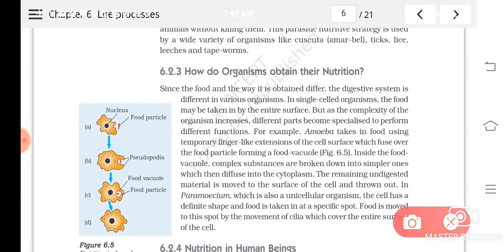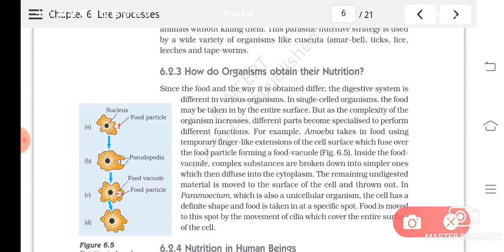Once the food is inside the cell, it forms the food vacuole, and inside the food vacuole the complex substances will be broken down into simpler ones. So that process you can call digestion, isn't it?